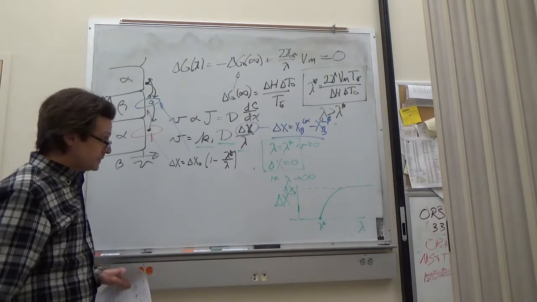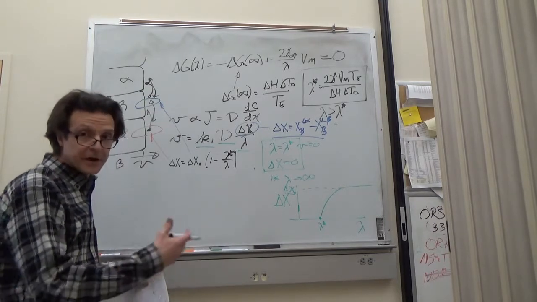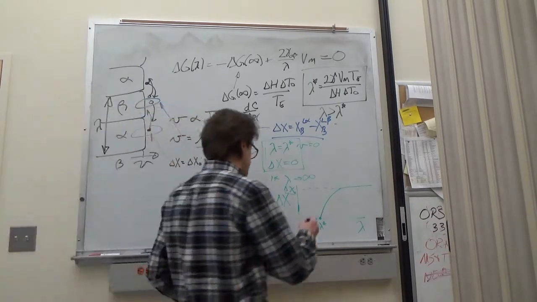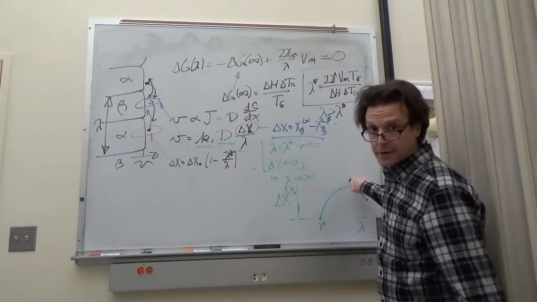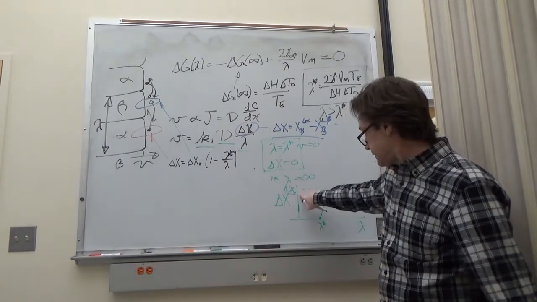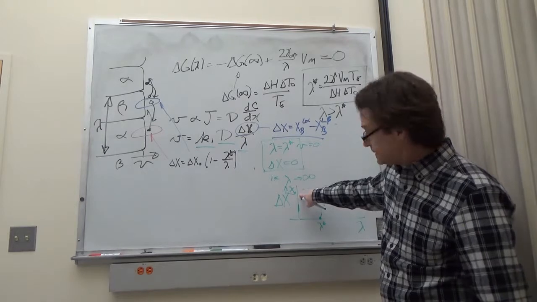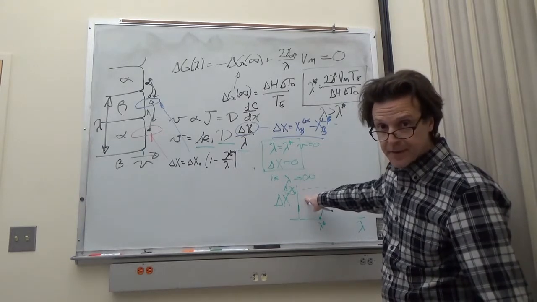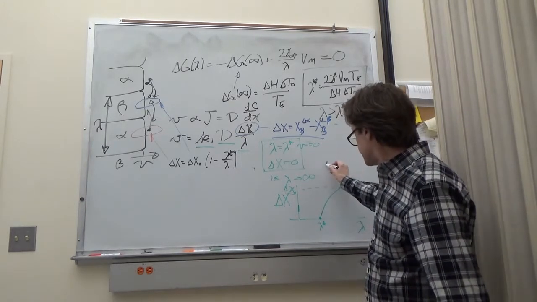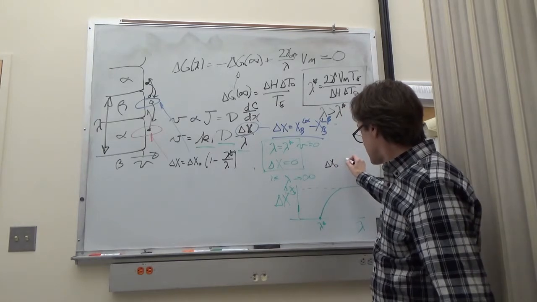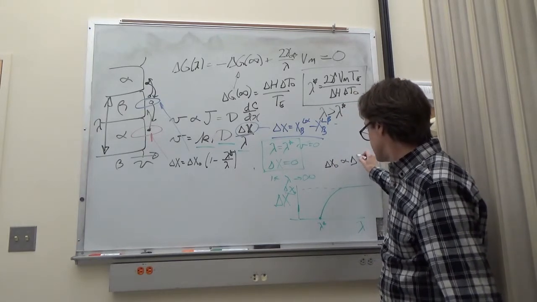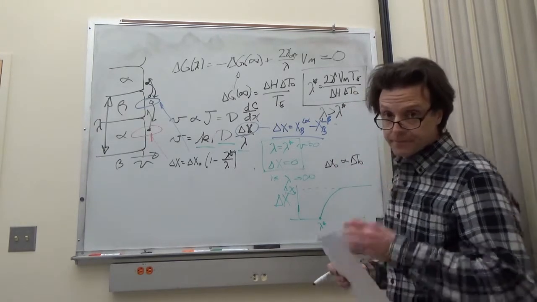The other thing we know, or at least what I would call a very good approximation, is that out here, this value that it asymptotes to, that delta x naught, really should be proportional to the undercooling.